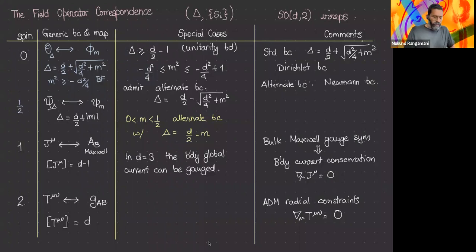The general rule is simply that the representation content on both sides must match. So the fields are organized in SO(d,2) irreps, as are gauge invariant single trace operators on the boundary. And one just tries to make an identification based on quantum numbers.